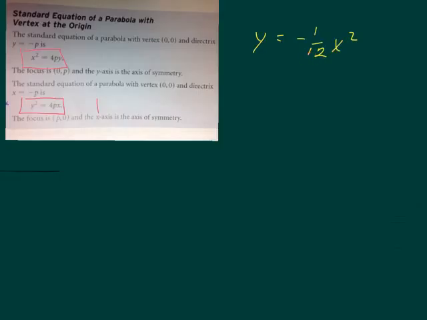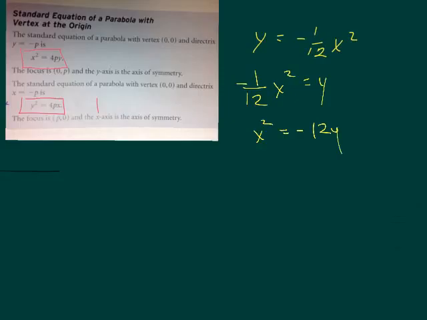Alright, so let's go ahead and do that. First thing I'm going to do is switch things around. I'm going to put the right hand side of the equation on the left and make that equal to y, just so I have my x squared on that side. And then I'm just going to multiply both sides by negative 12. And then I get x squared equals negative 12y.